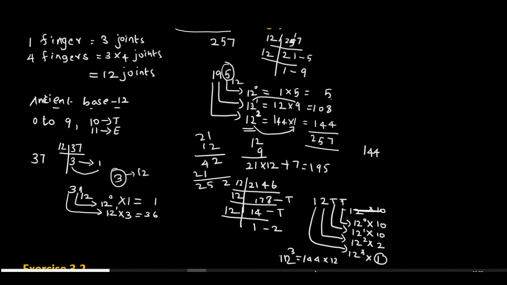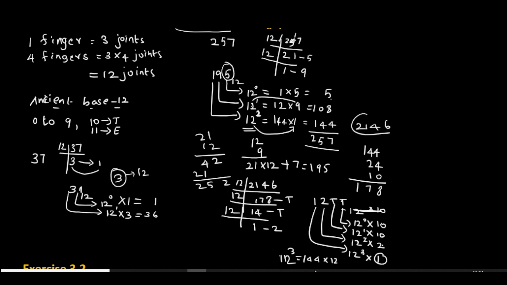Then 12 squared: 12 appeared 12 times and 2 times, so 24 times. Here 12 appeared 10 times. Add this: 8, 6 plus 1, 7. So 178 times 12 appeared in 2146.